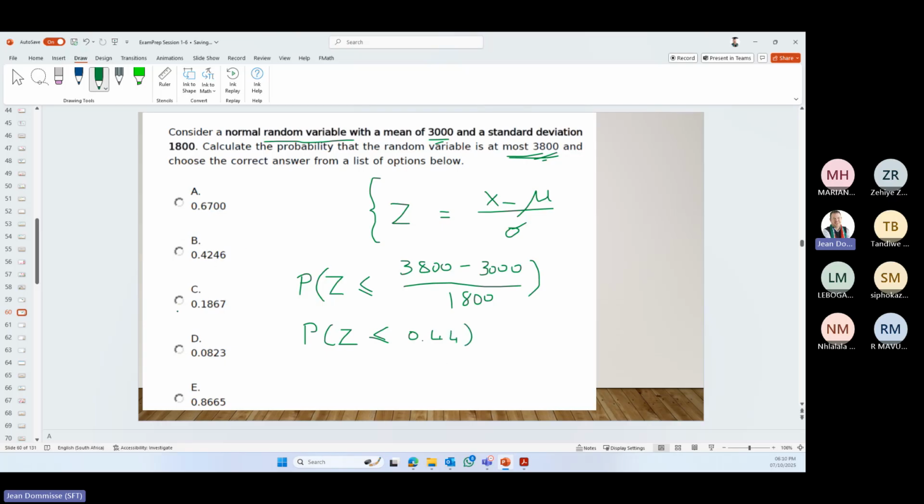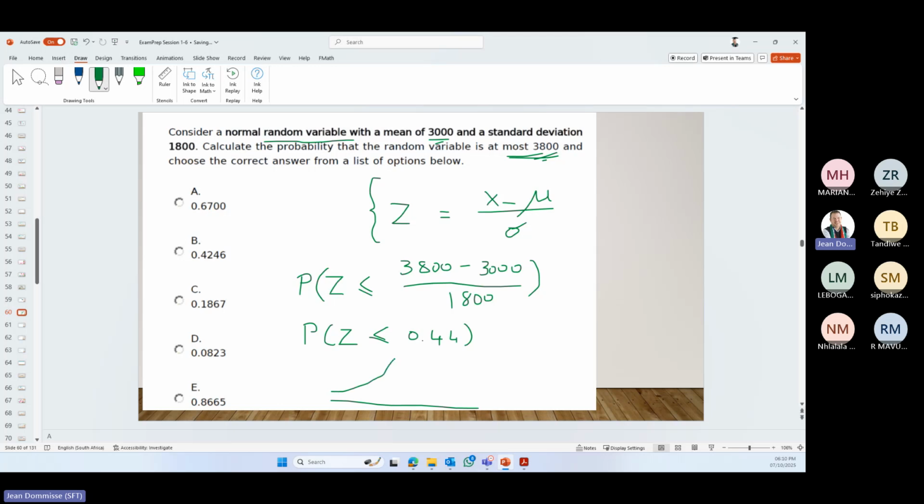Luckily, not one of the answers here is 0.44, but sometimes they do throw that into the answer set so that it might be that you then select that before you go to the probabilities.